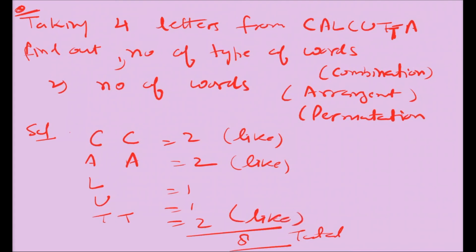Okay, so first you have to select, that means combination, the 4 letters. Then you have to take the permutations. So how you can write it, you should understand. All are different.